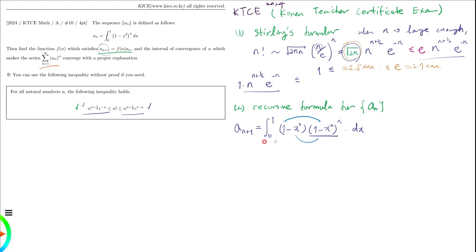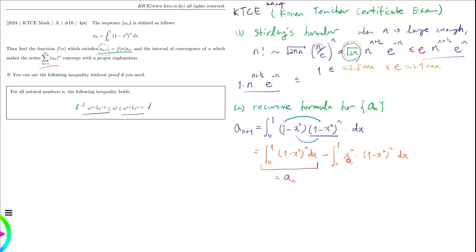Then we have the integration from 0 to 1 of 1 minus x squared to the n dx, minus the integration from 0 to 1 of x squared times 1 minus x squared, each quantity to the nth power dx. We have this form. So obviously you can notice that the first term is nothing but a sub n.